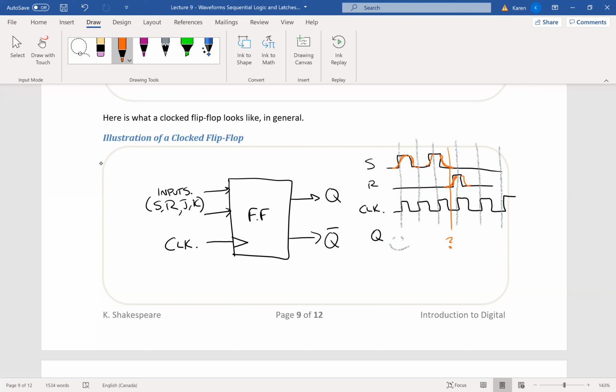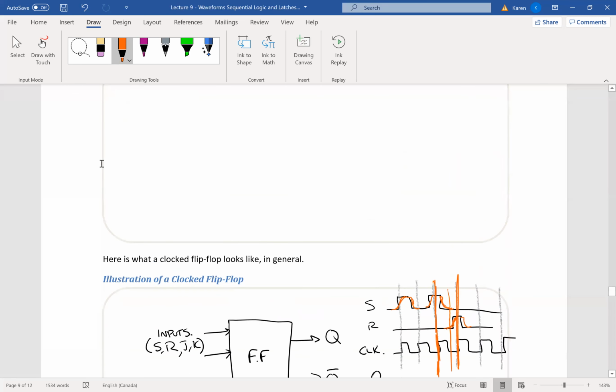Those voltages could be added together, and I don't know what the answer of Q is. Well, if I have a clock signal, I knew what the answer was here on this rising edge of the clock, and I knew what the answer was here because those values have settled. So the clock signal makes it more repeatable and predictable. And we know when to open the gate and read our input signals.